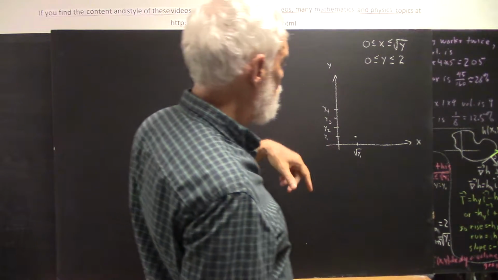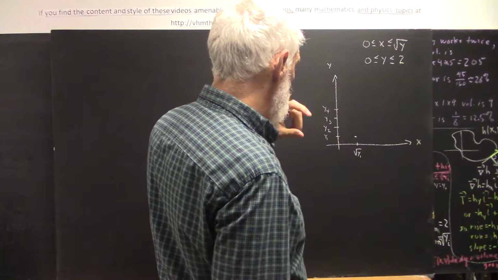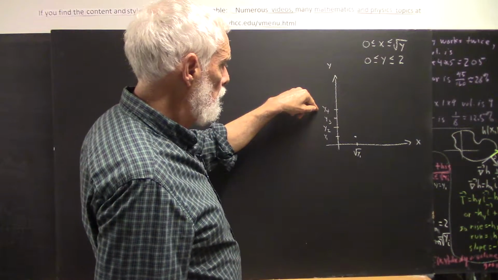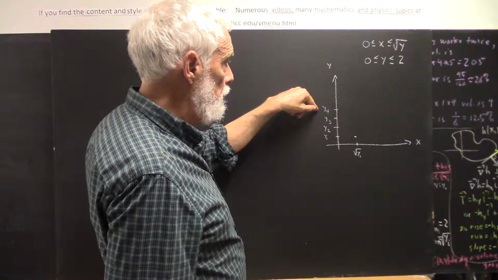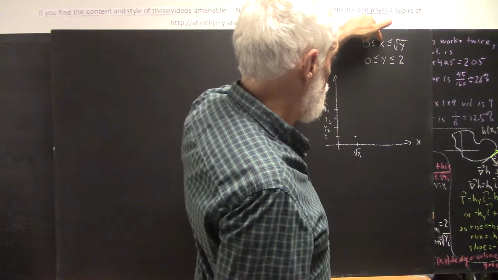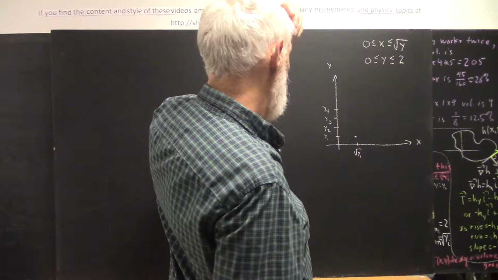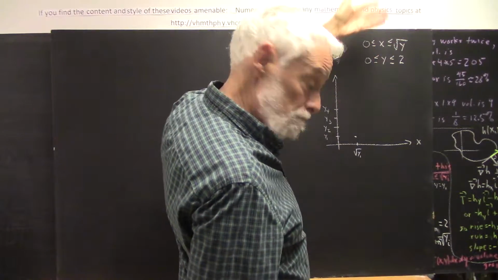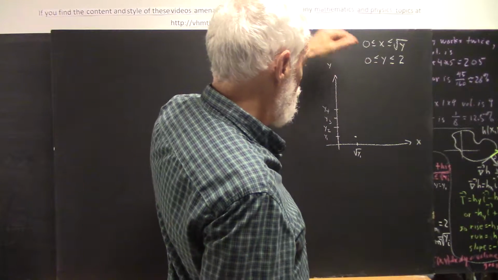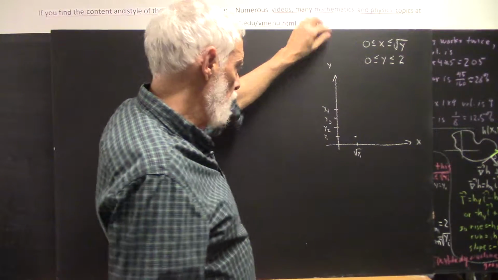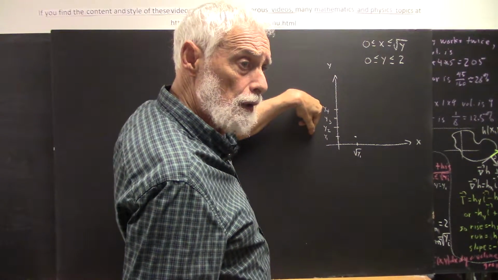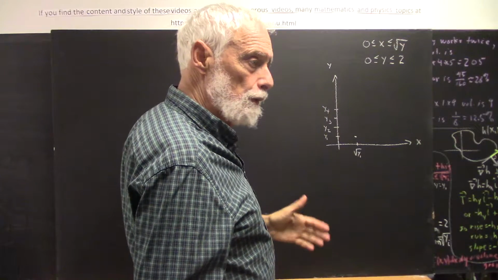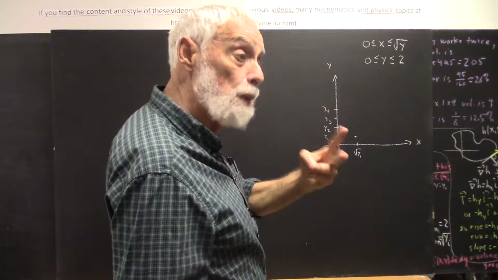Okay, well, if y is 4 times as big, then what can we say about the limits on x? Well, the limit on x would be the square root of y4, which would be, okay, if y4 is 4 times y1, then what's the square root of y4? Well, the square root of something that's 4 times as big is twice as big.